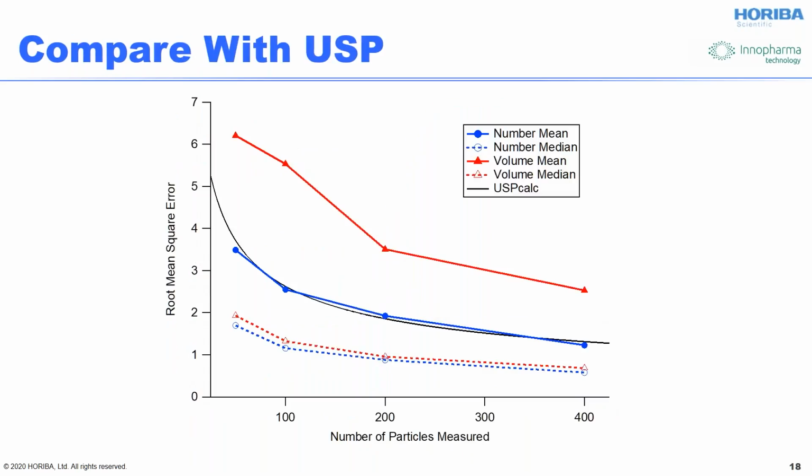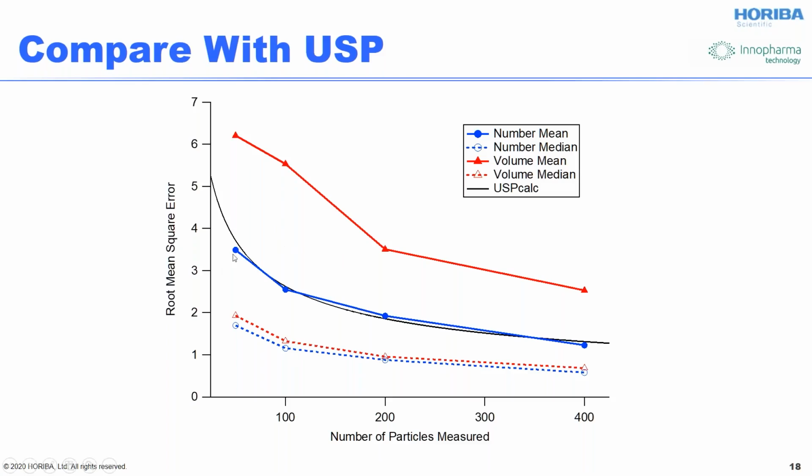So does the USP equations work? Well, for this distribution, they did. Kind of makes everybody feel good. So we kept taking out samples of 50 particles, measured the various parameters of the size distribution, and said, well, how repeatable is that? And that would be your uncertainty on the left axis. And the bottom axis is the number of particles that we measured inside the computer.